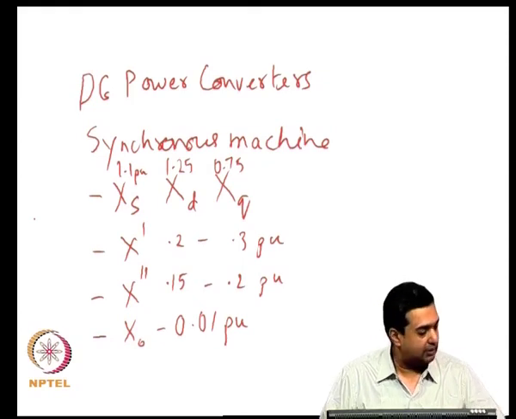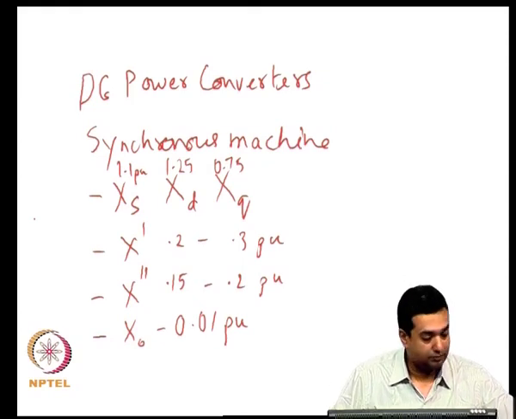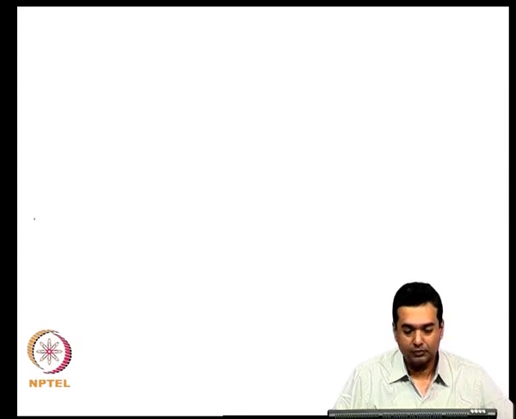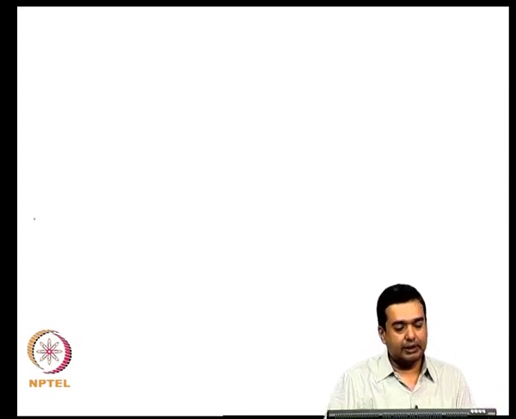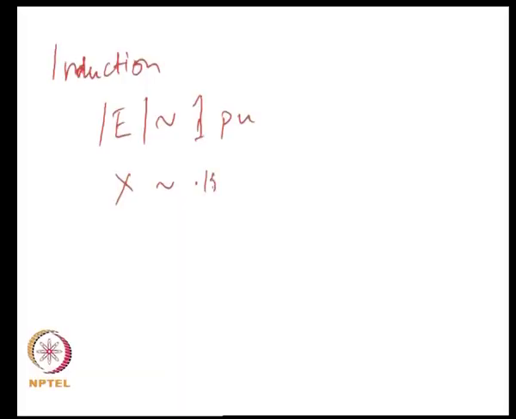If you look at, say, an induction machine, which could be another component which is used as an interconnection device between your distributed generation source and the electric grid, and if you look at your impedance, you are talking about an impedance of about 0.15 to 0.2 per unit.